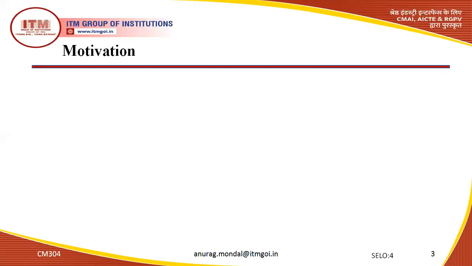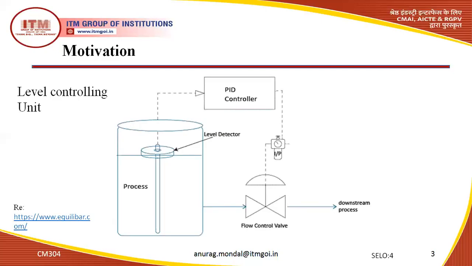Let me clarify with an example. Here I show you a level controlling unit. We have a vessel with liquid, and we have to maintain or control the level at a predefined value.